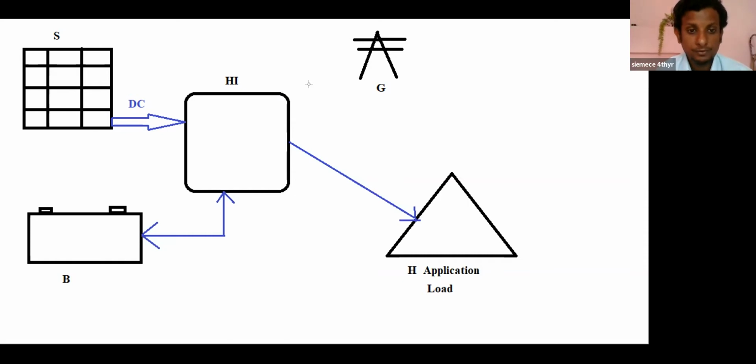And we also have the power grid, so we directly take power from grid power. So this is the whole diagram of a hybrid solar system.